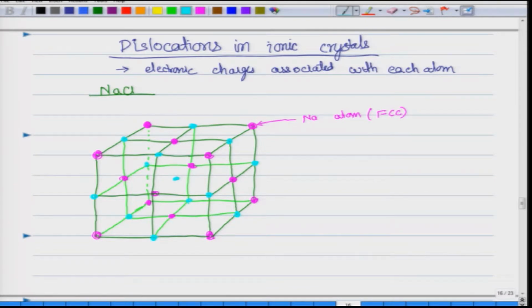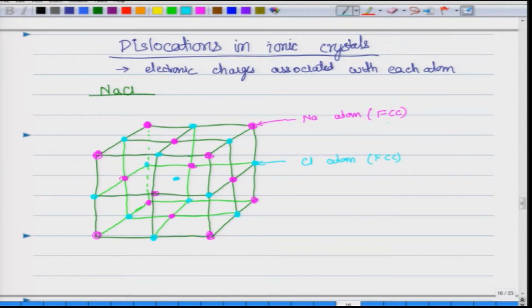If you look at this face, this is the beginning of half a cell of the chlorine atoms. All the corner atoms are occupied by chlorine, face center is also occupied by chlorine, and then again this is another face over here, these are the corner atoms, these are the face center atoms, and if you had drawn another layer, you would be able to see that the chlorine atoms are also FCC.